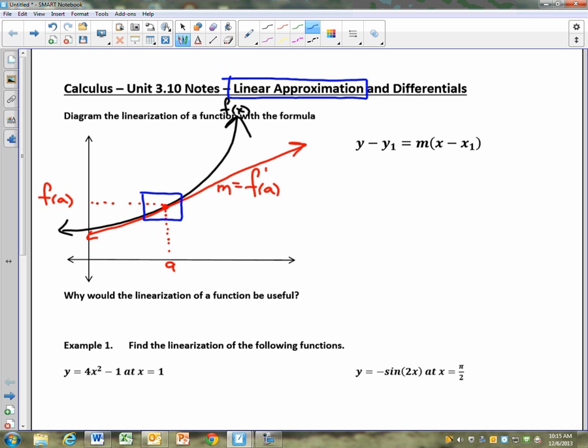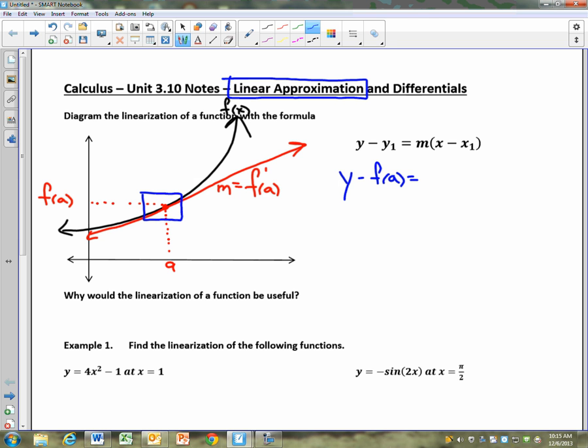So if we can write an equation for this line, we would have a very close linear approximation for the function. So what I'm going to do is put in my key values, and now use this notation. Forget about y equals mx plus b. We're going to use this. Y minus y1. What's my y1 value? F of a.